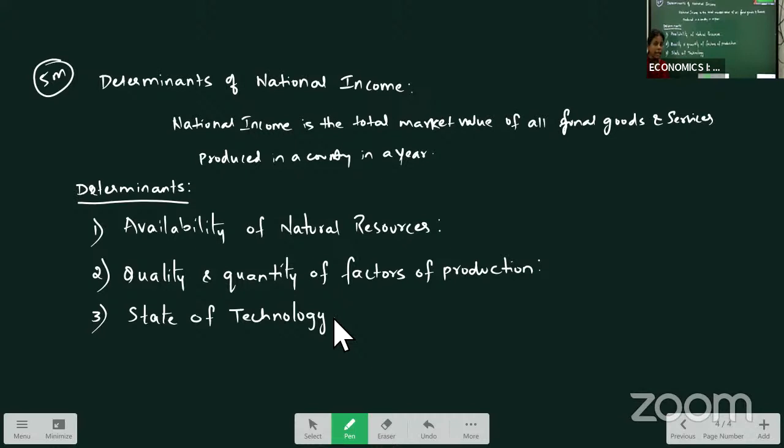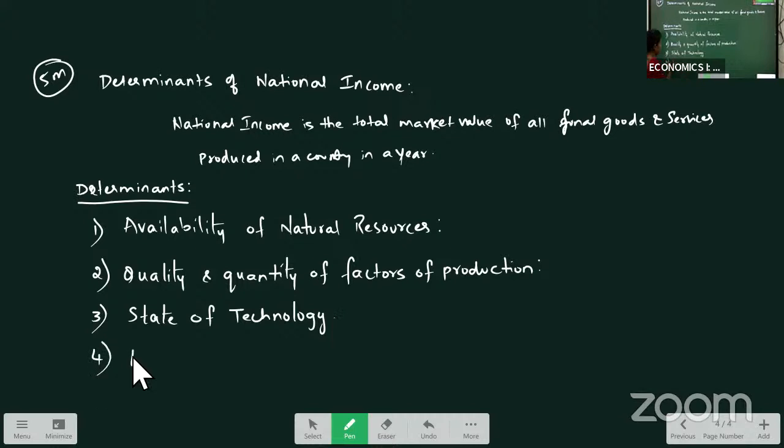If we use updated or advanced or modern technology, output will increase, which results in high national income. When we use outdated technology, obviously national income decreases here. So output and national income are influenced by level of technical progress achieved by the country. Advanced techniques of production help optimum utilization of country's resources. So if we use advanced technology, we can utilize all our resources to the optimum level, with which our national income increases.